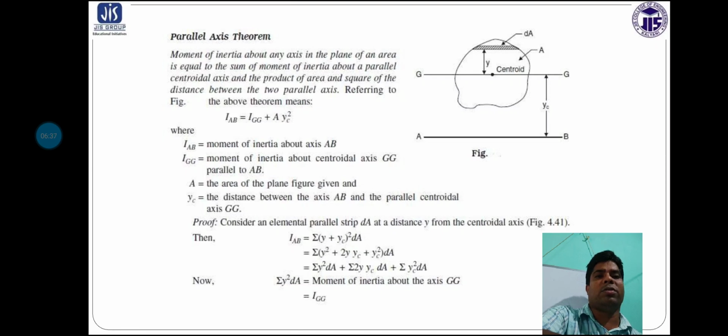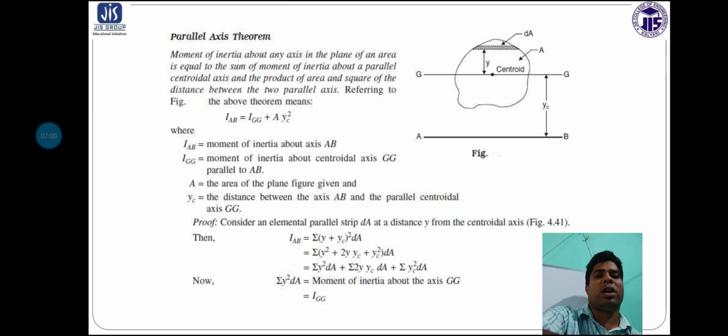Referring to the figure for this theorem, if I consider the reference line AB, we can write IAB is equal to IGG plus A YC square.